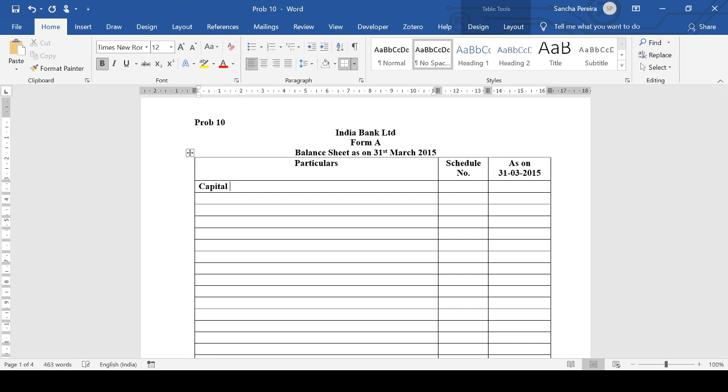Capital and liabilities. Under that you have capital, reserves and surplus, deposits, borrowings, other liabilities and provisions.